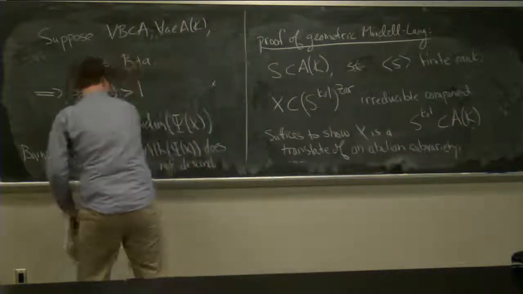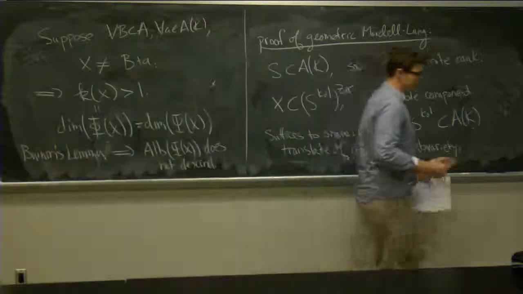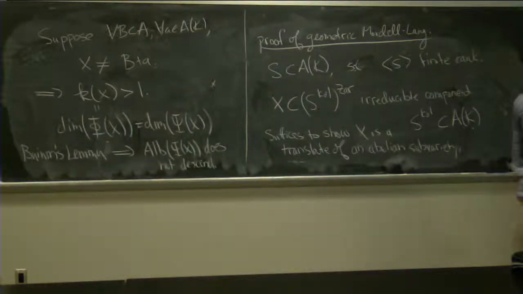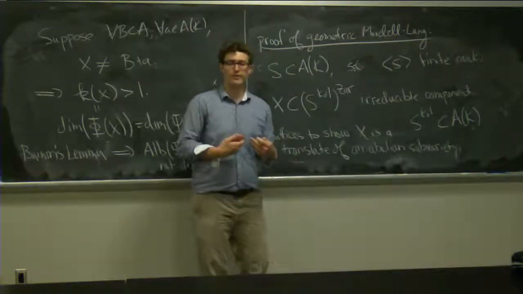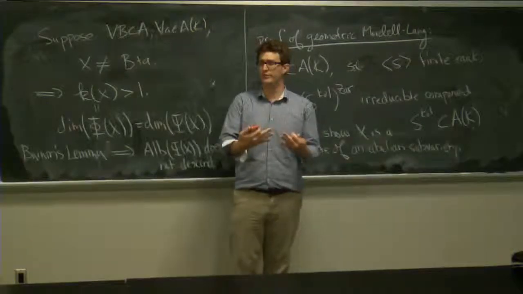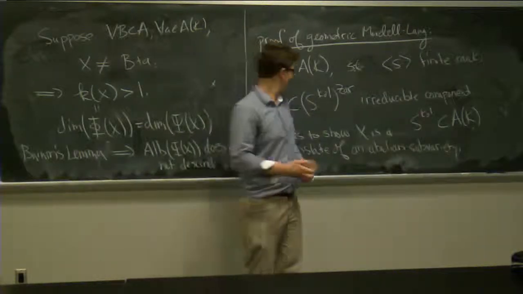All right, and so this implies that X does not descend because the field of definition of the Albanese is the same as the field of definition of your variety.